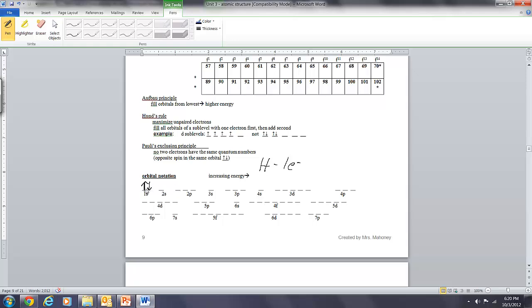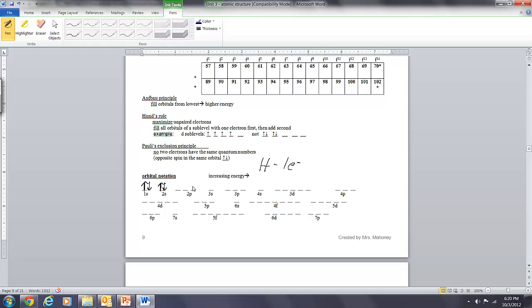Then that's full. I cannot put any more on there. So if I went down to lithium, then notice we go into a new energy level. So I would be at the 2s. That's 3 electrons. That would be lithium. This would be 1 electron in the 2s orbital and 2 electrons in the 1s orbital.